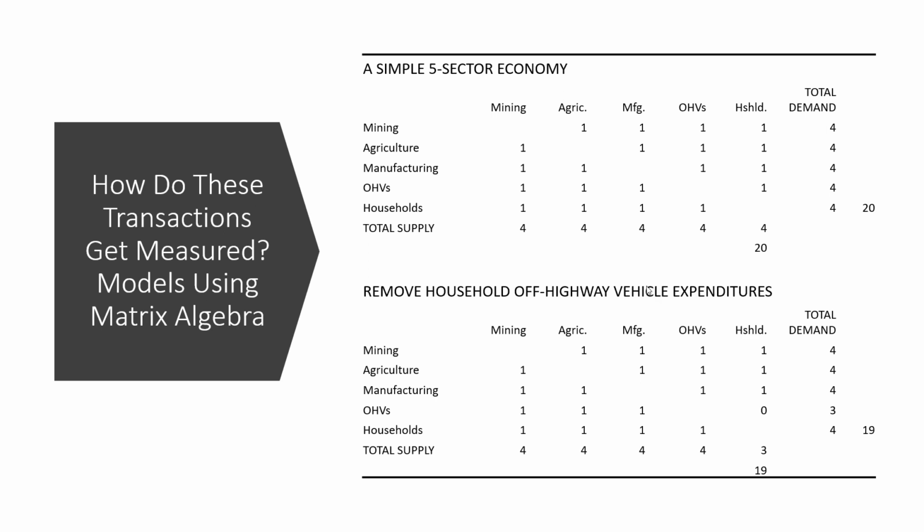But household income is now lower than what the households are putting into the economy as inputs. And off-highway vehicle demand is less than what off-highway vehicle production is. So there's things that have to be adjusted in the economy. So we took 1 unit of demand and production out. We balanced at 19 instead of 20. Next slide, please.